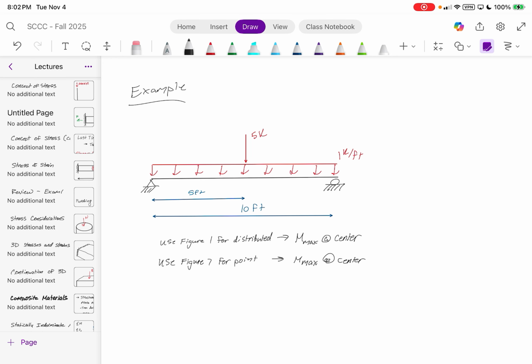Now, because the maximum bending moments in both instances are at the center, we can say that M max is equal to the bending moments summed together, which would be WL squared over 8 plus PL over 4.